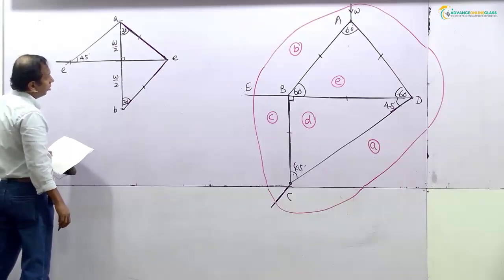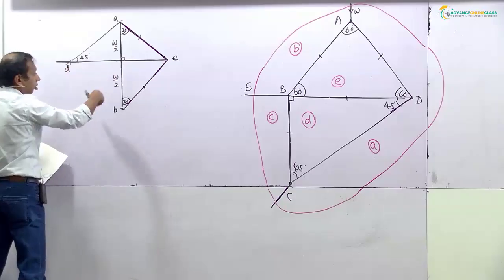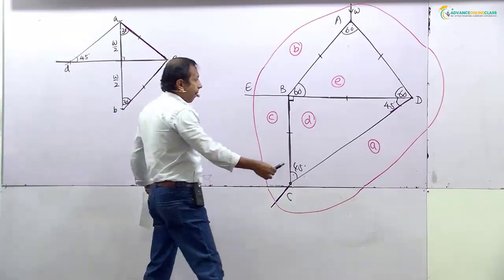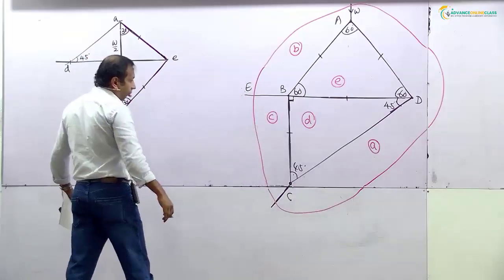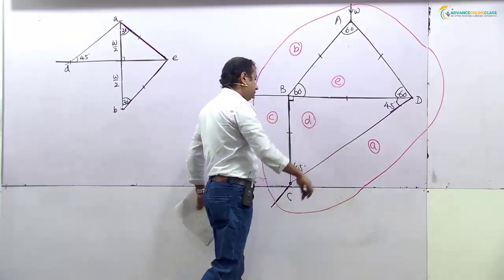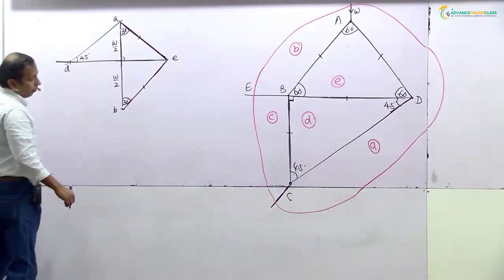Really, I must make this one D, not E, because ED is horizontal. AD must make 45. This point is not E, it is D, ED, right?